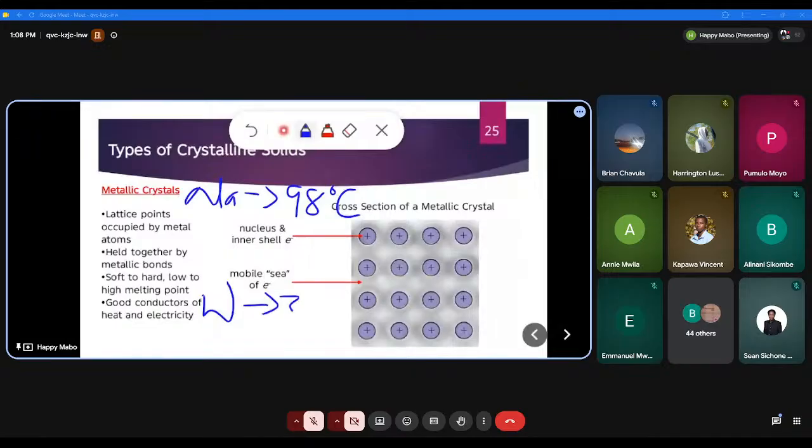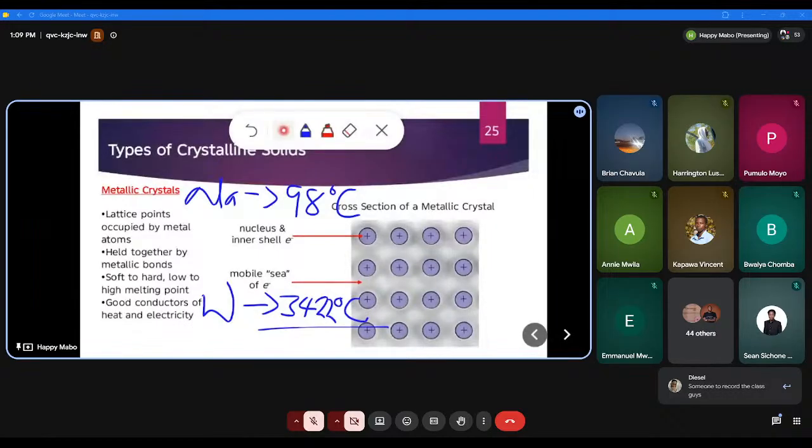Tungsten has a melting point of 3,422 degrees Celsius. Then you might want to try and find an explanation as to why this one has a very low melting point, this one a very high melting point, and yet both of them are metals. This is because of the arrangement of the atoms in the structure.